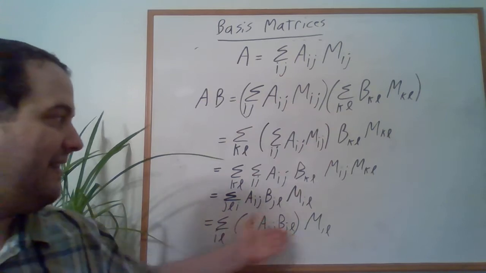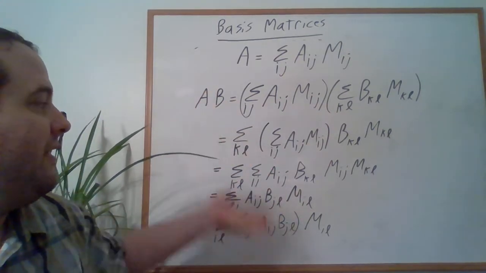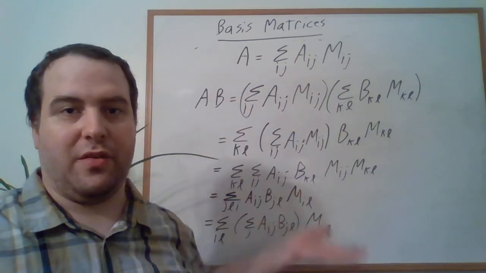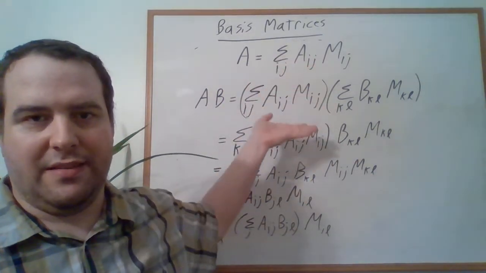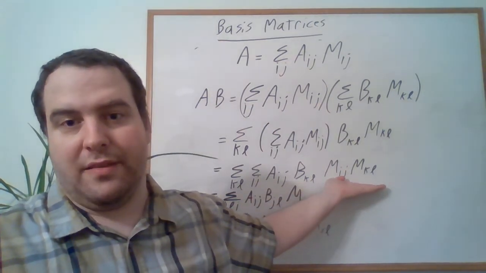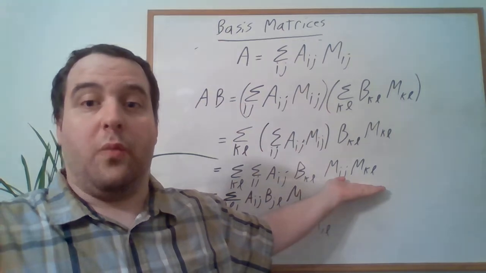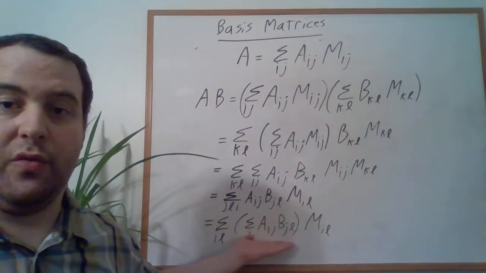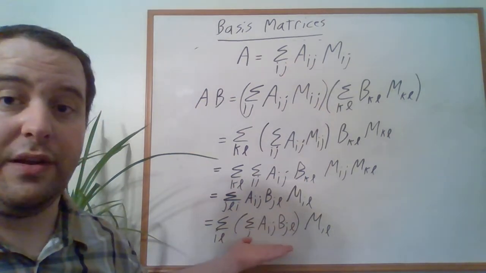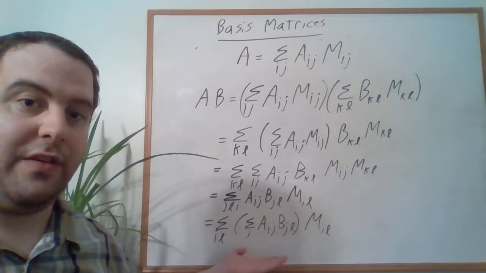So that's how you can work out from the notion of a basis matrix and from all of these ideas, and in particular the formula for multiplying basis matrices, how you can then work out the more traditional formula for the entries of the product of two matrices.